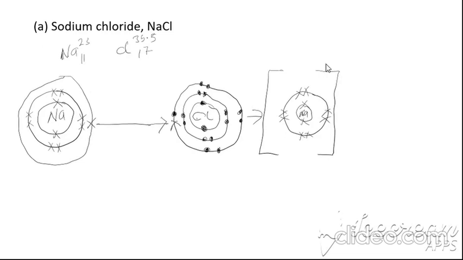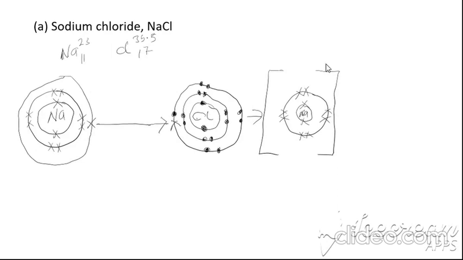And then I'm going to show for chlorine, how it's going to look after gaining. So chlorine, the symbol is like this. First shell 2, second shell 8, like that. It's having 3.